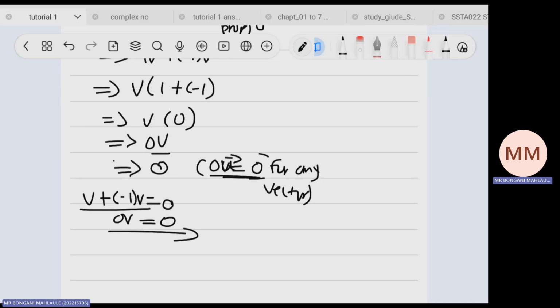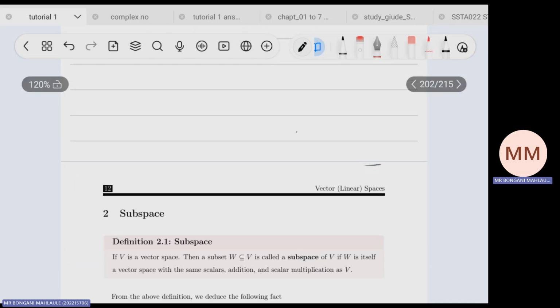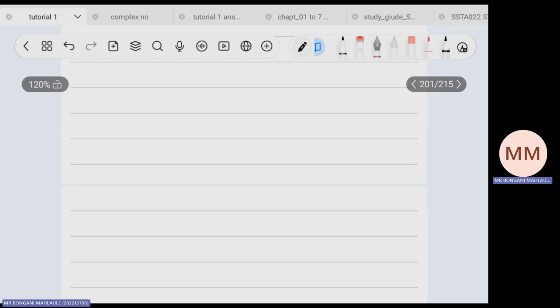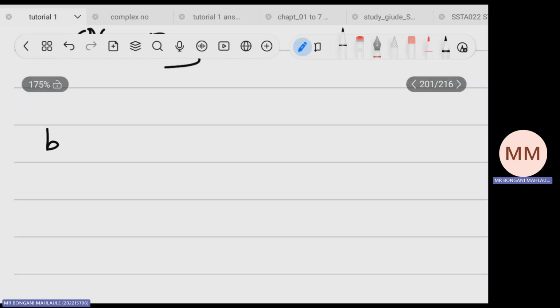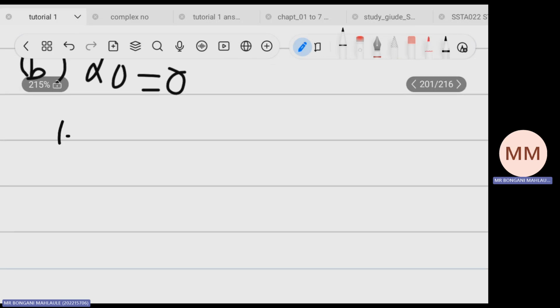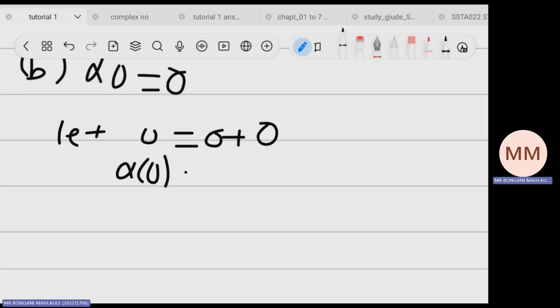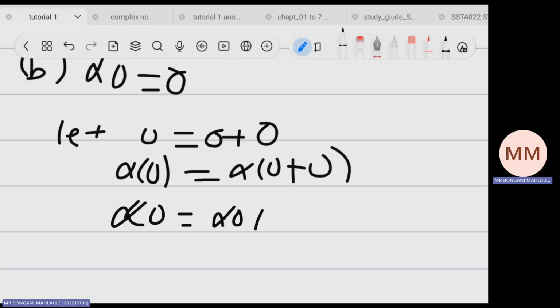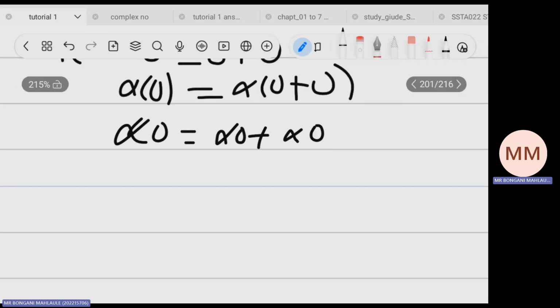Then we also have letter B. Let me also show you how to do letter B. You have alpha 0 equal to 0. You can say let 0 equal to 0 plus 0, and you introduce alpha. Then alpha 0 is equal to alpha 0 plus alpha 0.